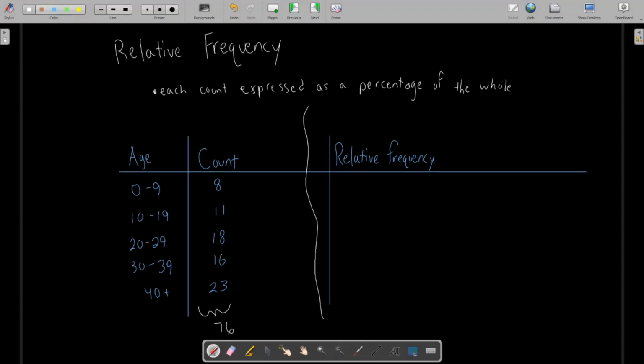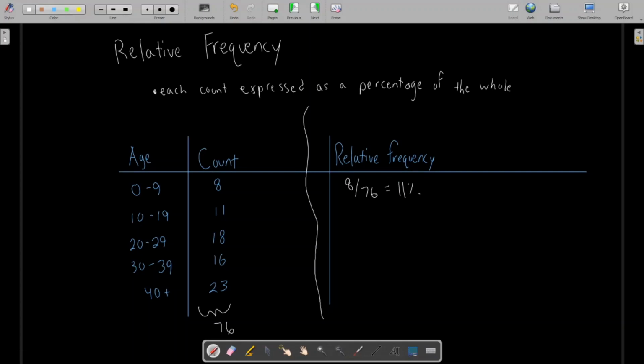So if we want to get the relative frequency of, say, people aged 0 to 9 in this data set, we can take the count of number of people aged from 0 to 9, the part, and divide by the whole, which is 76. And this will end up getting us about 11%, roughly.